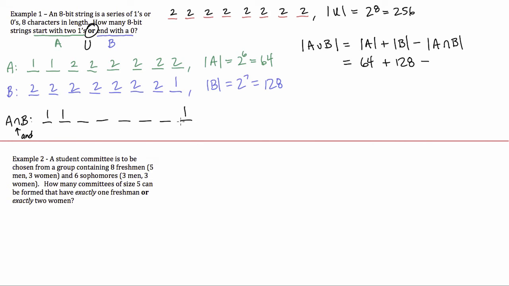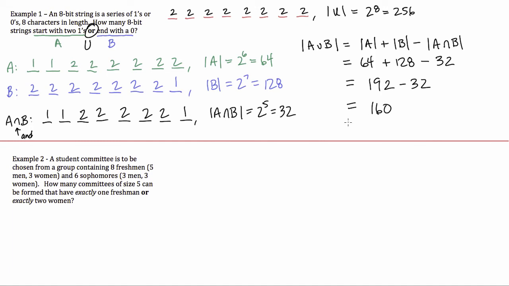That means those 3 slots, the choices have already been made for us. If you look at everything that's left, I've got 2 choices for these slots, and there are 5 of them. So A intersect B in this case is 2 to the 5th, or 32. If we fill that into our addition rule formula and add it up, that gives us a total of 160 strings. So the answer here is 160.